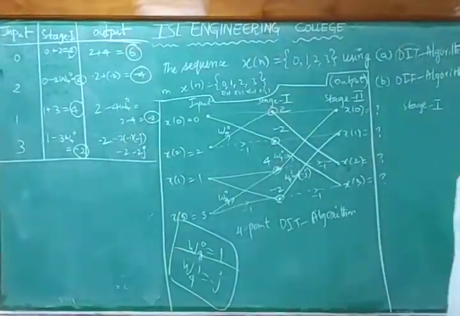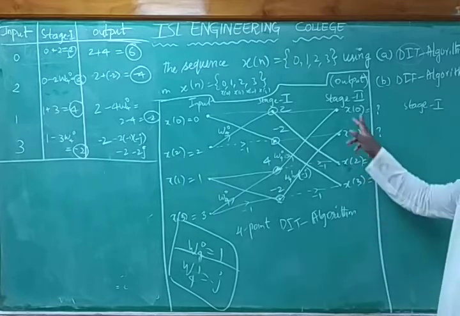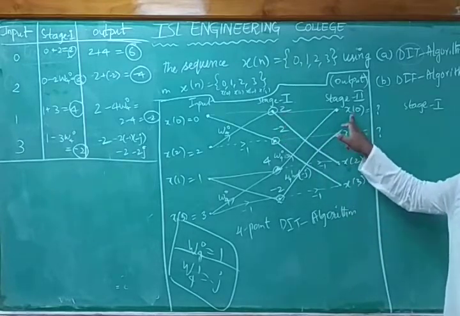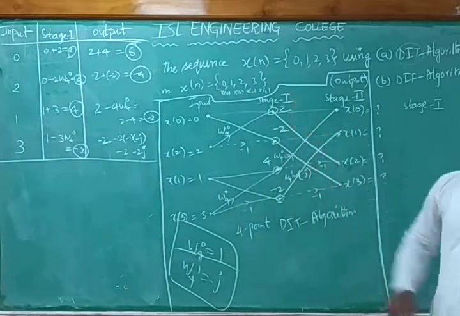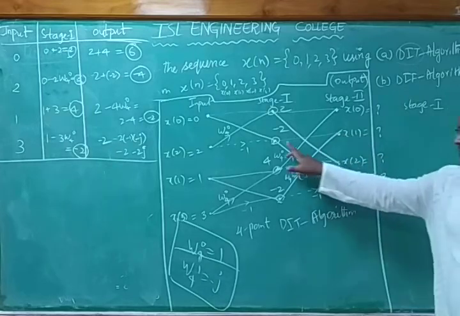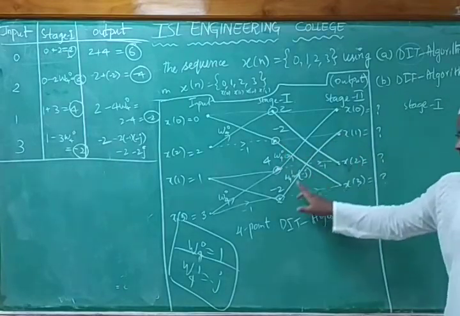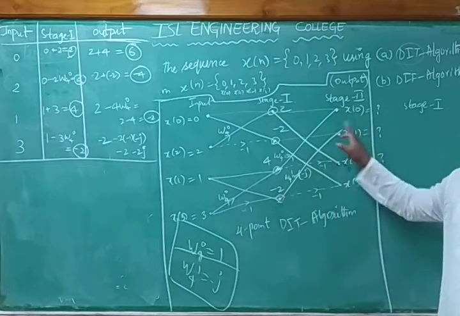So what are the answers we got now? X of 0, x of 1, x of 2 and x of 3. See once again, for x of 0, this line is coming, it's 2. And from here we had 4. So it is 2 plus 4, we got it as 6. For the second graph, x of 1, it's minus 2 and here minus 2. So for that we will write only this particular value, minus 2 and minus 2.